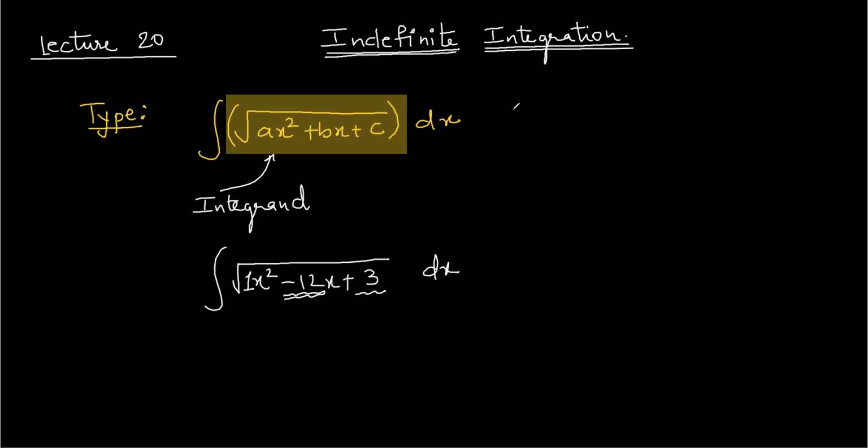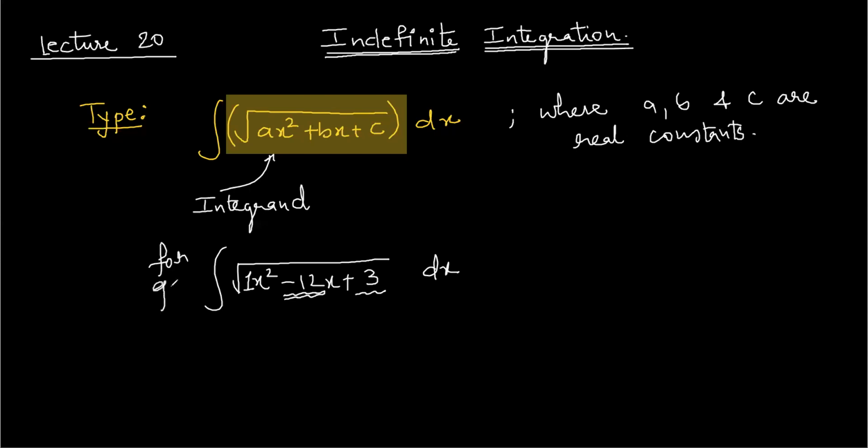Where a, b and c are real constants. They are real constants. So this is an example. This question can be considered as an example for this type.